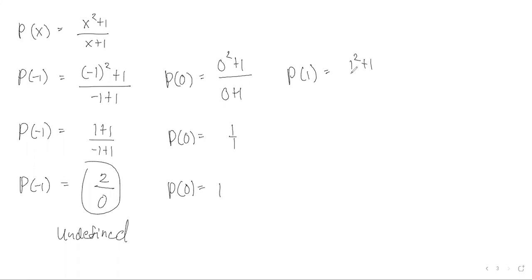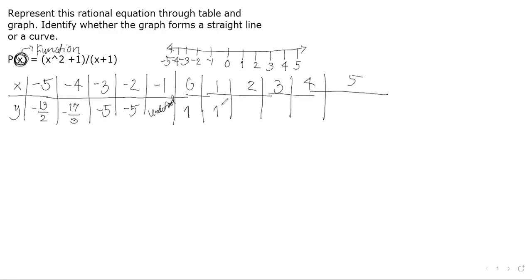So, 1 squared plus 1 over 1 plus 1. And that's P of 1. 1 squared plus 1, that is 2. 1 plus 1, that is also 2. So, P of 1 natin is 2 divided by 2. That is also equal to 1. Okay, so 1 din siya.